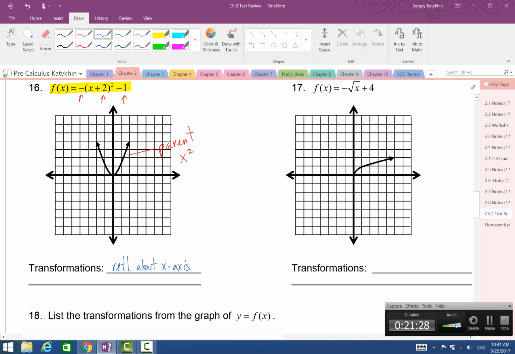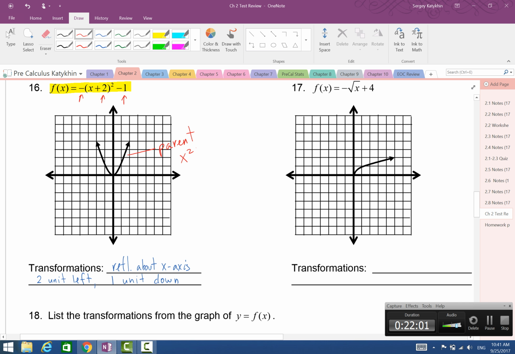Remember, inside lies, so if it says +2, it's actually going to go left 2. So this is going to be 2 units left. And the outside -1 will shift this vertically, so it's going to take it 1 unit down. So that's what I expect to see on the test when you see these type of problems.